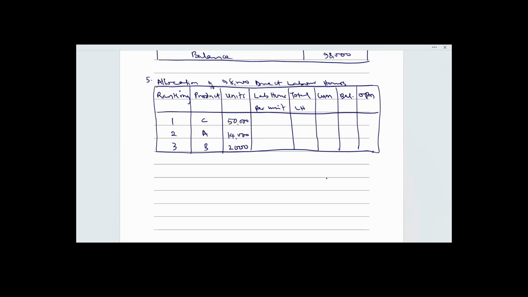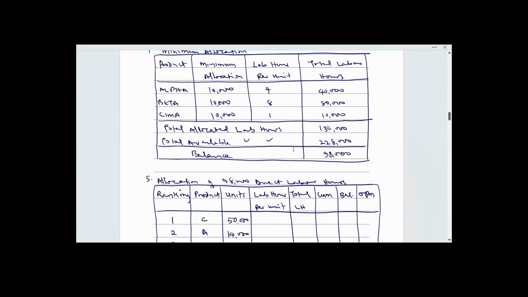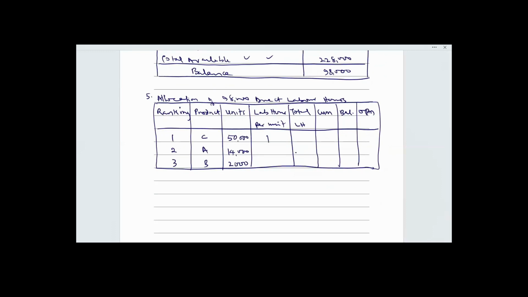We are left with 2,000 units. That's that. So with this, we need to get labor hour per unit. Labor hour per unit for C is 148. 1, 4, then 8.